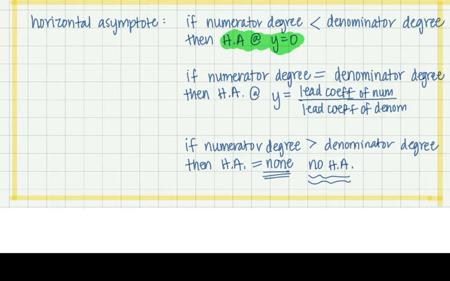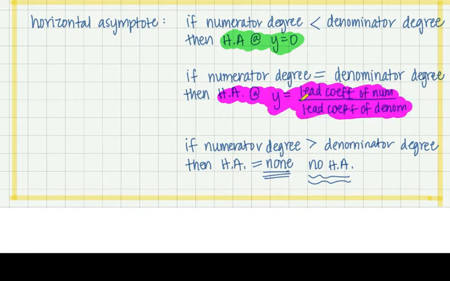If the numerator degree and the denominator degree are equal, then the horizontal asymptote is equal to the leading coefficient of the numerator over the leading coefficient of the denominator. So that's what we had in our example. If the numerator degree is greater than the denominator degree, then the horizontal asymptote does not exist. There is no horizontal asymptote.